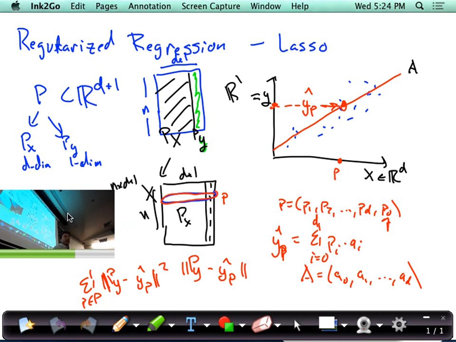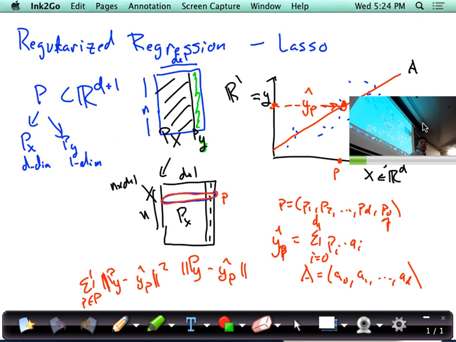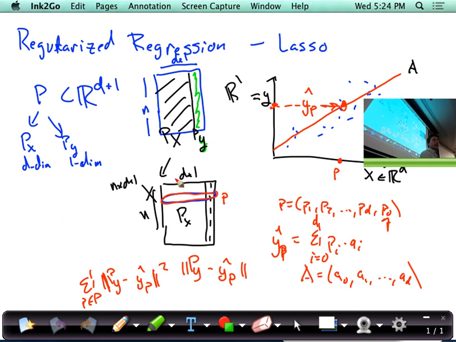Gauss-Markov theorem that we talked about, where it said that in order to get A, the optimal way of doing this, where you had the min over A of the norm of XA minus y_P squared.